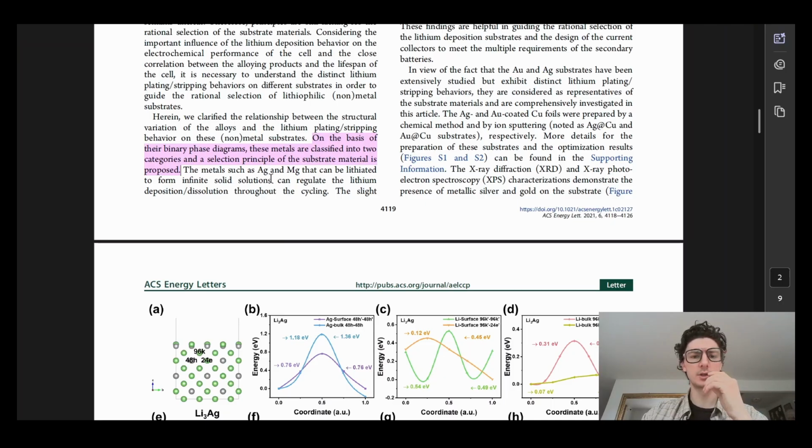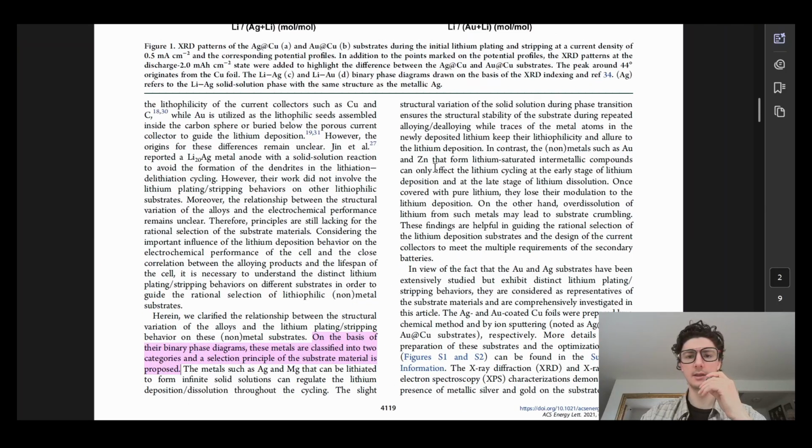The metals such as silver and magnesium that can be lithiated to form infinite solid solutions can regulate the lithium deposition/dissolution throughout the cycling. The slight structural variation of the solid solution during phase transition ensures the structural stability of the substrate during repeated alloying/dealloying, while traces of the metal atoms in the newly deposited lithium keep their lithiophilicity and allure to the lithium deposition.